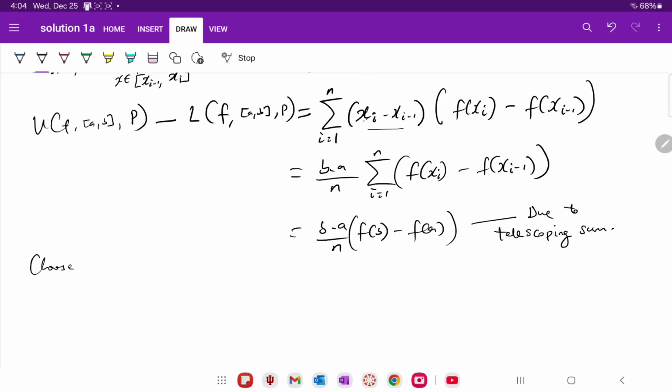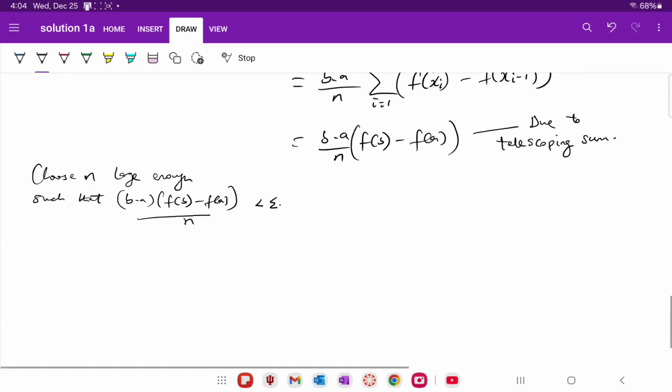We can choose n large enough such that (b minus a) times (f(b) minus f(a)) over n will be less than epsilon, to construct an appropriate partition.